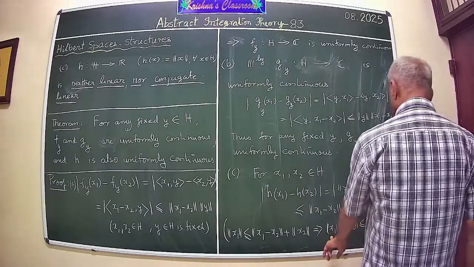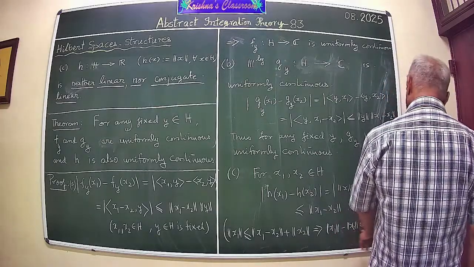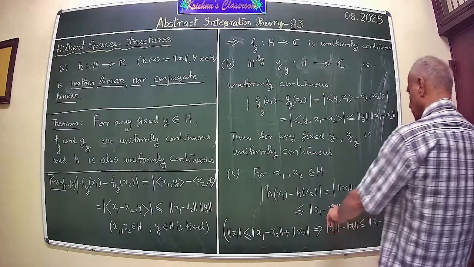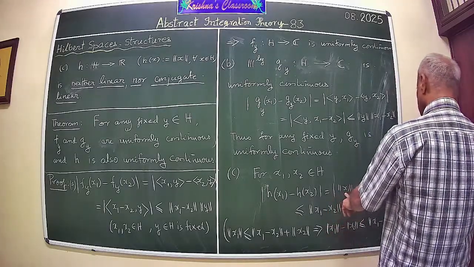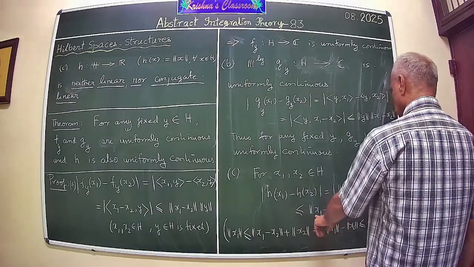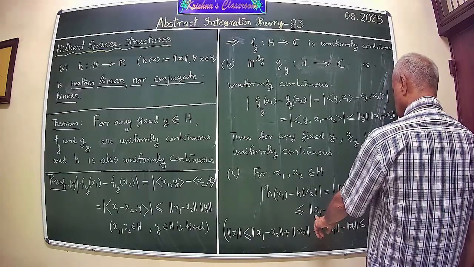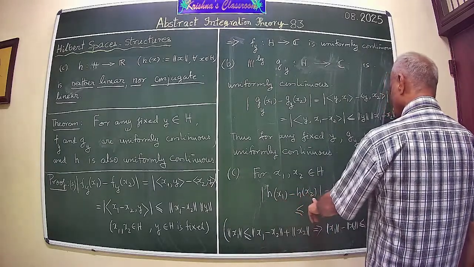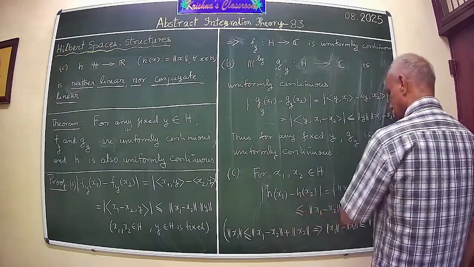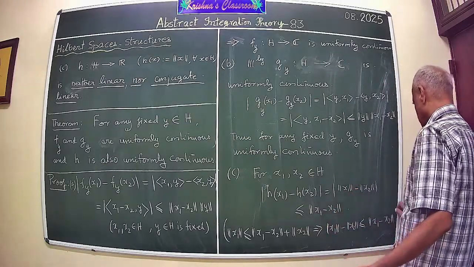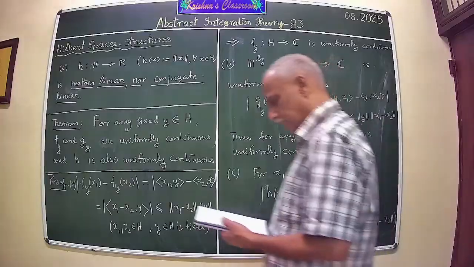Similarly, norm of x2 minus norm of x1 is also less than or equal to norm of x1 minus x2. Therefore, together you get the modulus of norm of x1 minus norm of x2 is less than or equal to norm of x1 minus x2. That means modulus of H x1 minus H x2 is less than or equal to norm of x1 minus x2. So that is done.